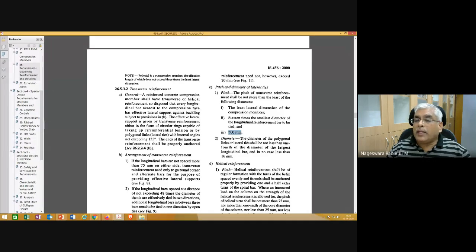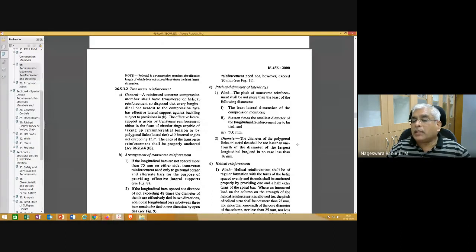And what about diameter? The diameter of the lateral or polygonal links or lateral ties shall not be less than 1/4 of the diameter of the longitudinal bar.